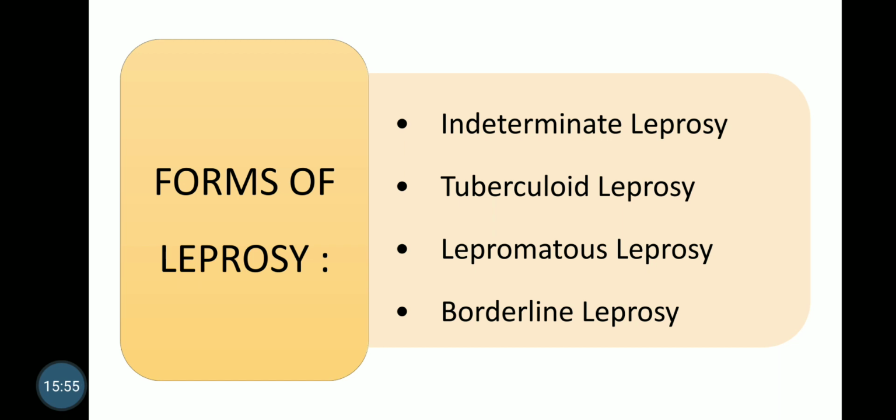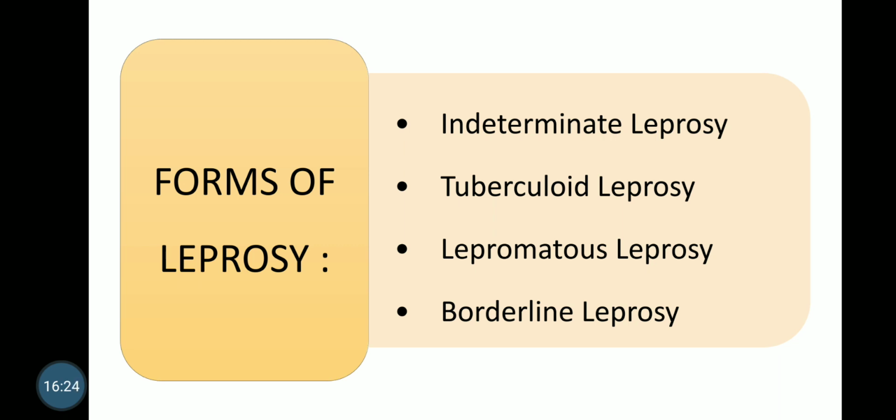The first one, indeterminate leprosy. This type of leprosy takes place in the early stages of the disease where Mycobacterium has not multiplied to a sufficient extent to induce lepra reaction. This early form of disease is known as indeterminate leprosy.